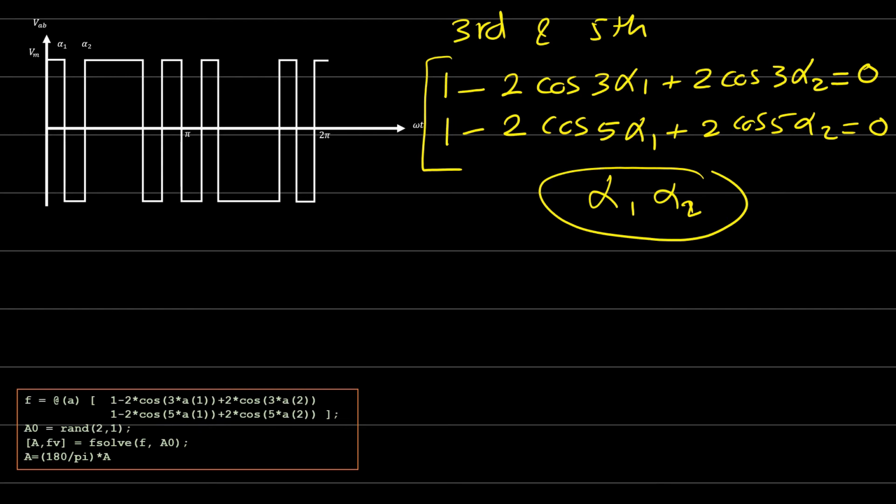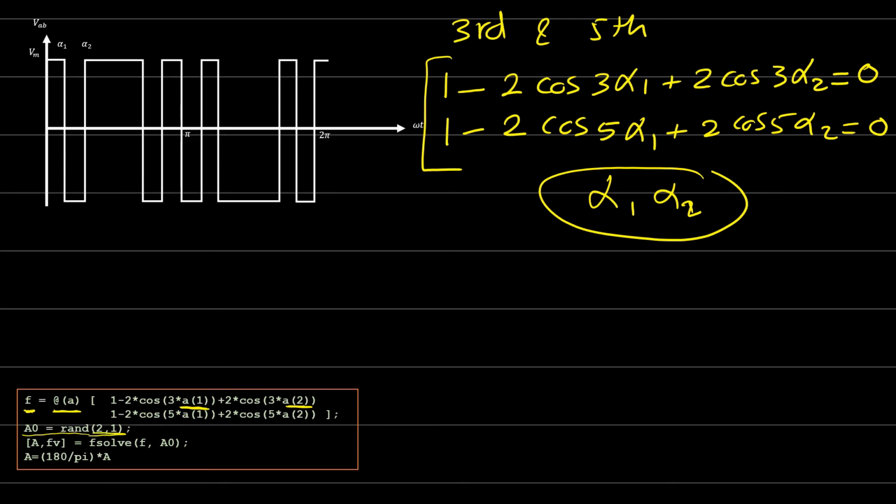In this code, you can put the two equations here. You can define the function f, with the variable a. Here I put alpha 1, alpha 2 as a of 1, a of 2. This means the first variable and second variable of a. We need to start with initial values.